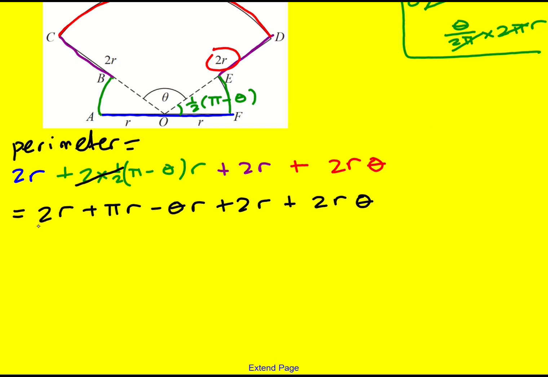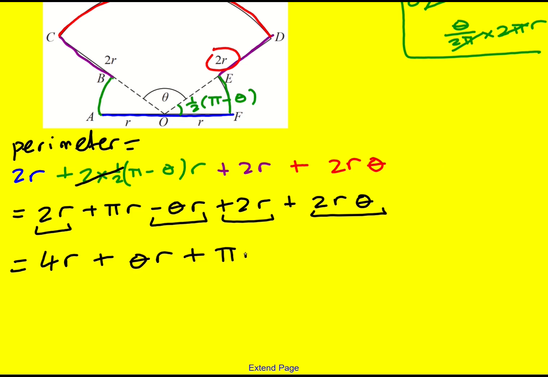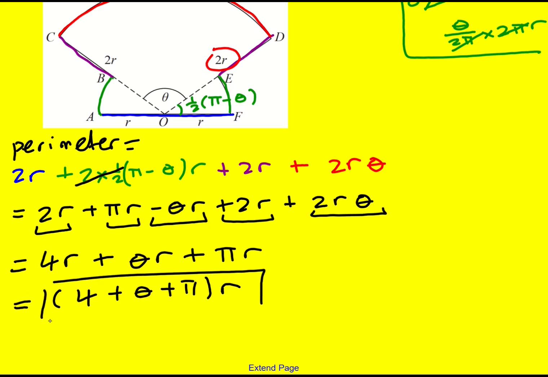Then we can simplify this, so I'm going to have 4r, and the 2r theta minus theta r is just going to become r theta or theta r. And I've got my pi r as well. I think let's factorize it to finish. (4 plus theta plus pi) times r. That is a nice simplified answer for the perimeter of the logo.